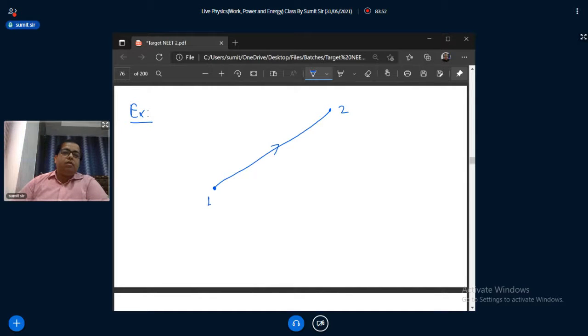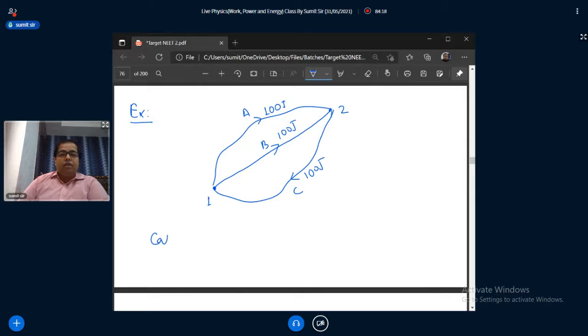This is displacing from 1 to 2, this is 1 to 2, and this is 2 to 1. Going along paths A, B, and C, in A, 100 joule is worked by the force, and here 100 joule. Calculate, and also decide whether the force is conservative or non-conservative.